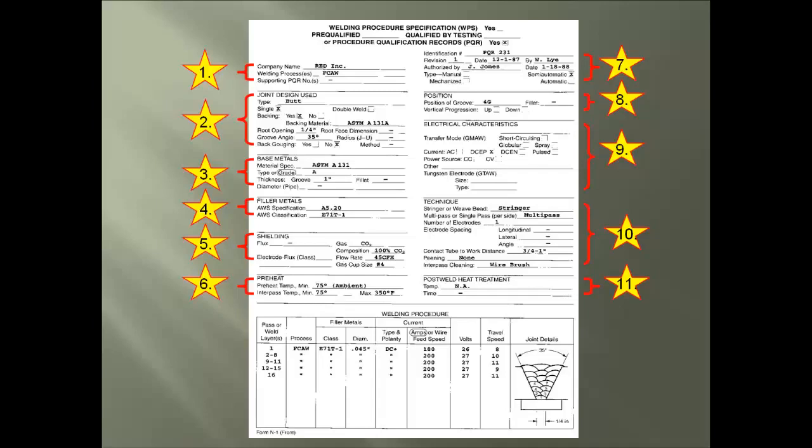Here usually there will be a schedule of times and temperatures to be followed until the minimum is reached, but still that would need to be attached and followed with this PQR.